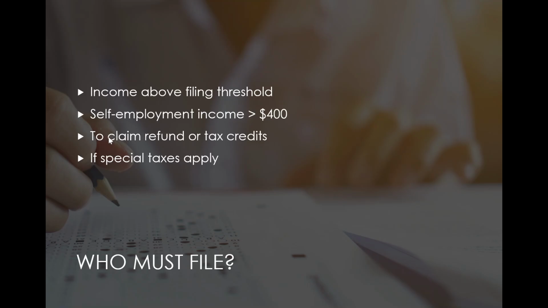To claim a refund or tax credit, if a person does not have income above the threshold, but because of tax credits the amount is refundable, then to claim that refund they have to file their income tax return. If any special taxes apply, there are various special taxes also in the USA, then they have to file the income tax return.